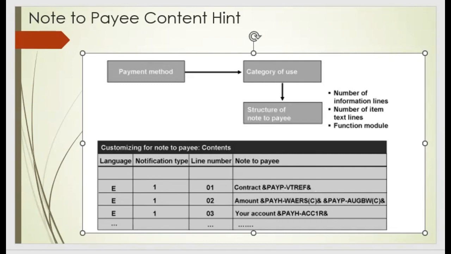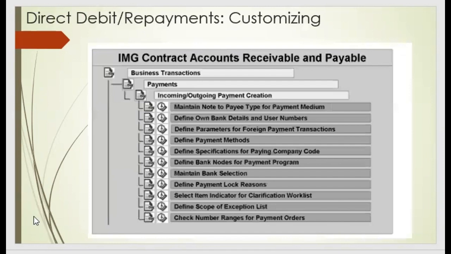So put a note. A note gives a definition by which you can understand what exactly the process execution was. Now you can see the configuration for the payment, incoming and outgoing payment creation, and we have all these configurations. Okay.